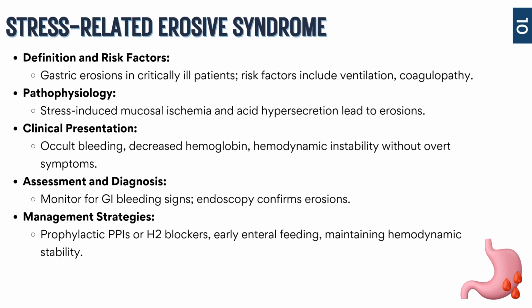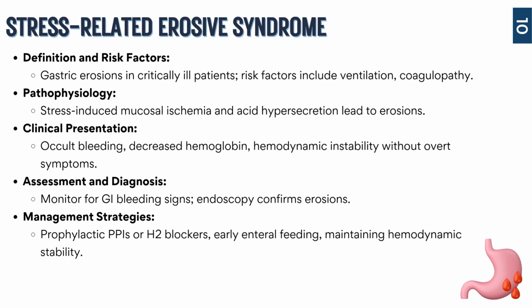Assessment involves monitoring for signs of bleeding and hemodynamic instability. Endoscopy might be used to diagnose this condition. Management for stress-related erosive syndrome includes prophylaxis. We want to prevent it before it even happens in those patients that are at risk by using proton pump inhibitors or H2 receptor agonists to reduce gastric acidity.